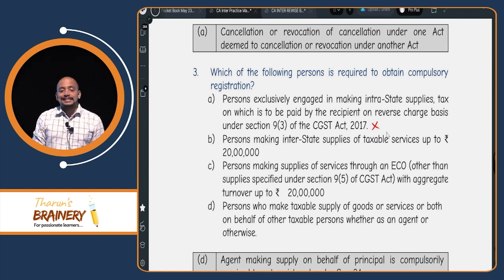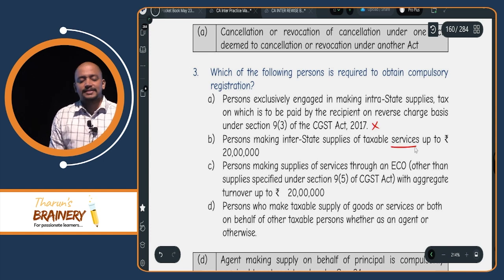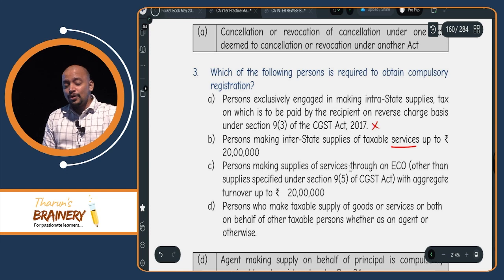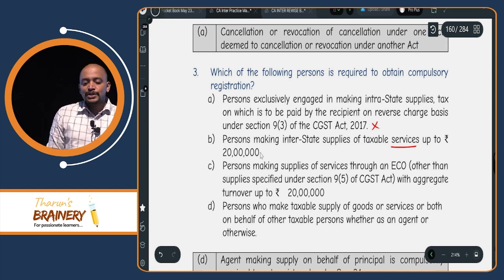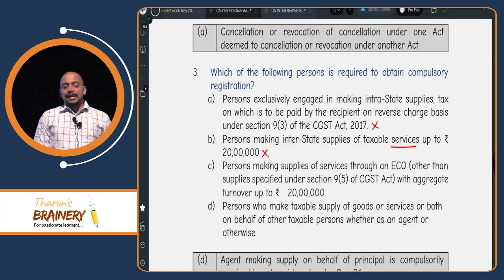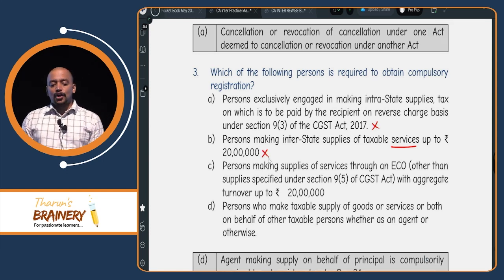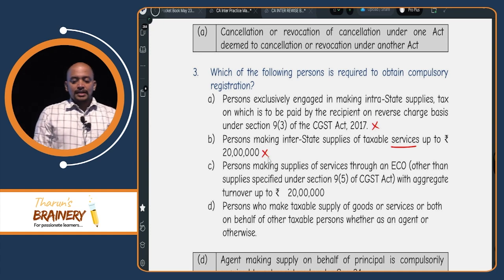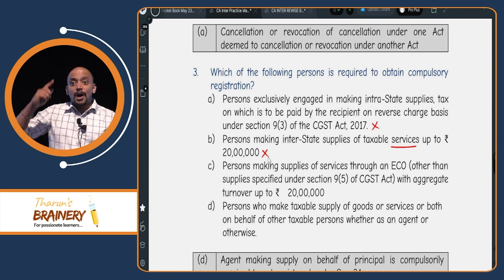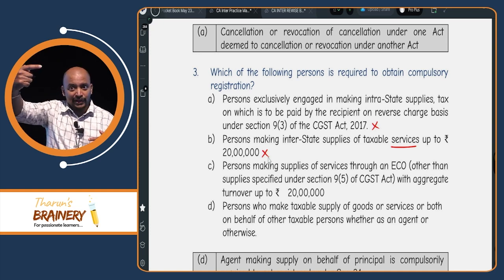Person making interstate supply of taxable services. Only in case of interstate supply of taxable goods, compulsory registration. So in this case, there is no compulsory registration. Person making supply of services through an e-commerce operator with aggregate turnover up to 20 lakhs. Sir, the e-commerce operator is compulsorily required to get registered.